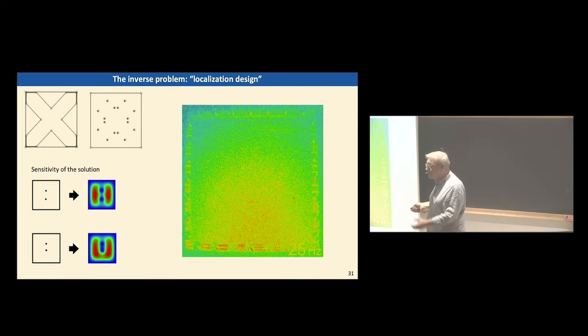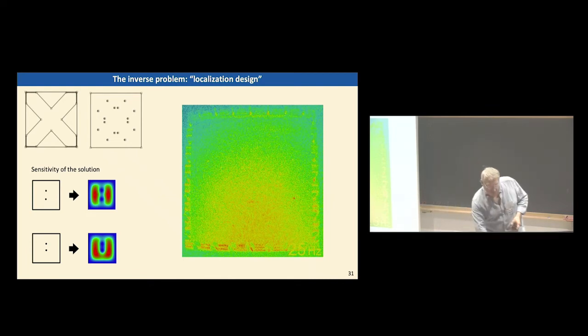You have to realize that it's vibration of thin plates, so we are working with the bi-Laplacian. The bi-Laplacian is a very rigid operator, which means that it's very sensitive. You move two pins by a very small amount, you change the leakage and the insulation a lot. So it's a very sensitive business.